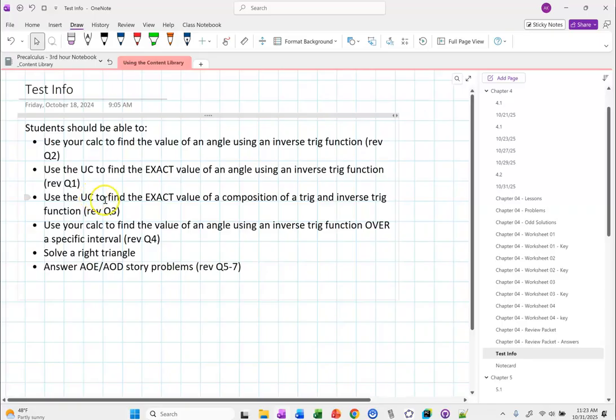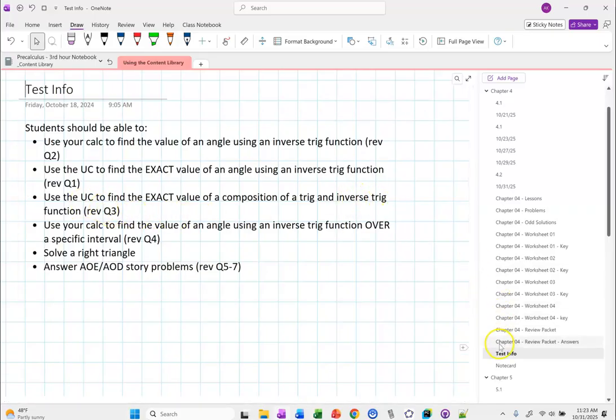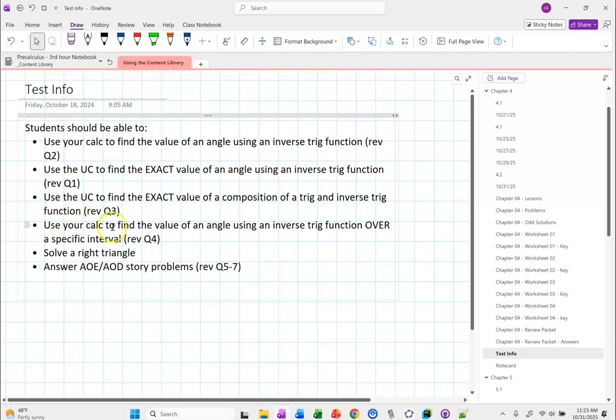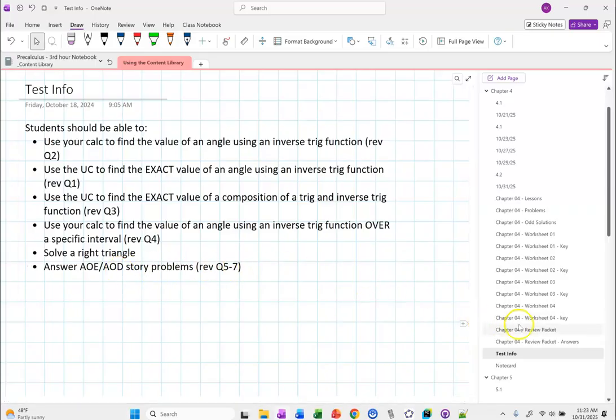You should be able to use the unit circle to find the exact value of a composition of a trig and inverse trig function, like in question 3. You should be able to use your calculator to find the value of an angle using an inverse trig function over a specific interval, like in question 4 from the review. You should be able to solve a right triangle and answer angle of elevation and angle of declination problems, like in questions 5 through 7 from the review.